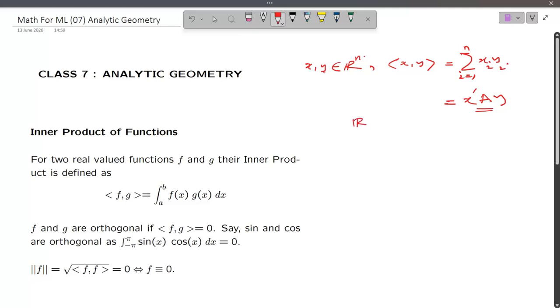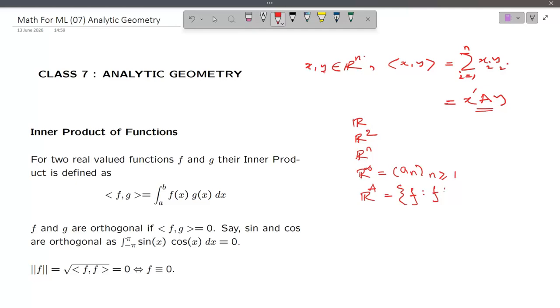We have R, then comes the complex number R2, then comes the n-tuples Rn, then comes R infinity, which is the set of sequences, and after that I talked about R to the power A, which is nothing but the class of real valued functions from A. So we can see functions as an extension of vectors or numbers, and the function space V equipped with the composition operator is a vector space.